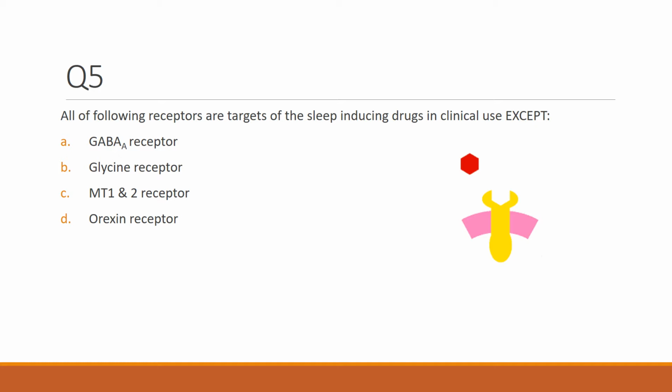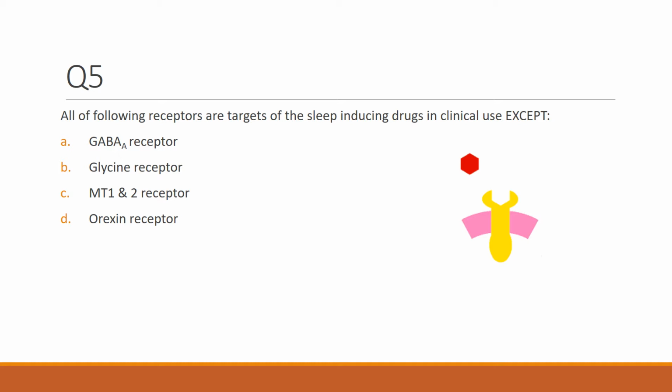The next question is, all of the following receptors are targets of the sleep inducing drugs in clinical use except GABA A receptors, glycine receptors, MT1 and MT2 receptors, or orexin receptors.